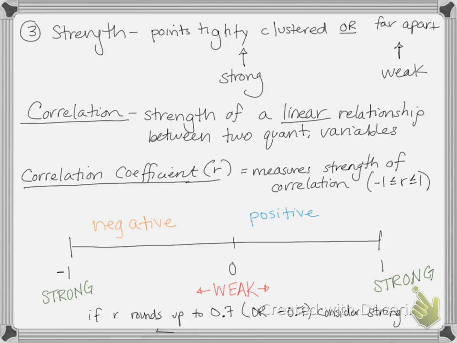If we have something that's closer to 0, so between 0 and 0.7, I would not consider that to be super strong, and I might not move forward with my linear relationship here. One final comment on the next slide, and that's how we're going to do this in our calculator.